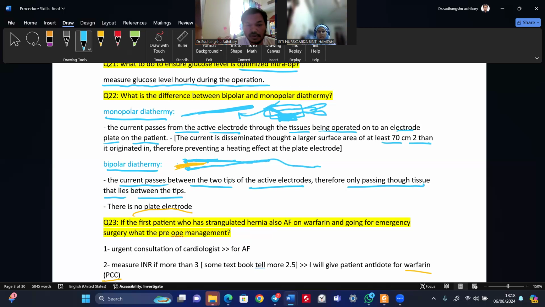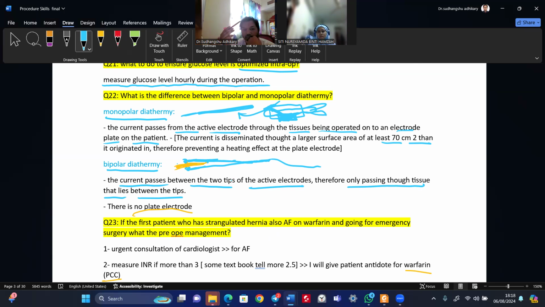In bipolar, the current passes between the two tips of the active electrode, so it only passes through the tissue that lies between these two tips.